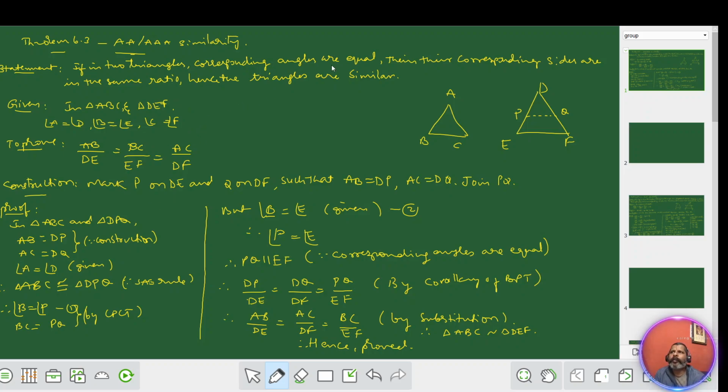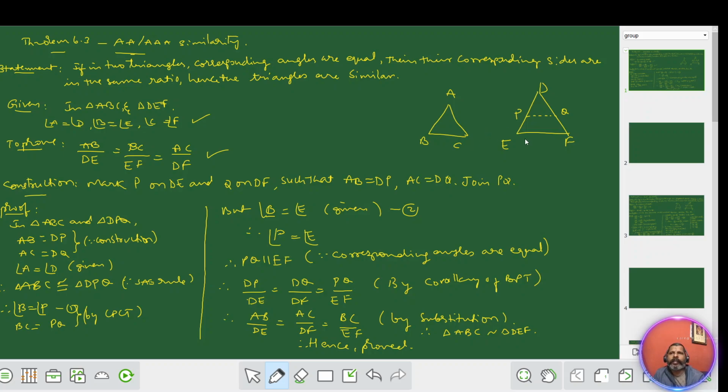So given corresponding angles are equal, yes, we can write this. To prove corresponding sides are proportional means AB by DE must be equal to BC by EF must be equal to AC by DF. Okay, this is to be proved.